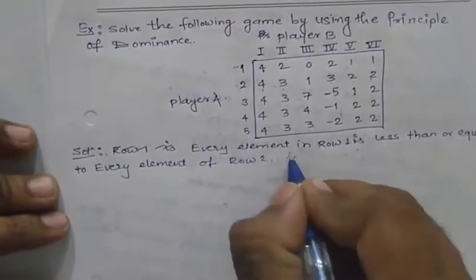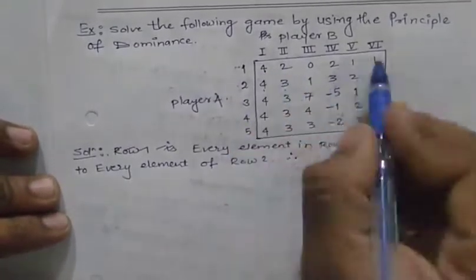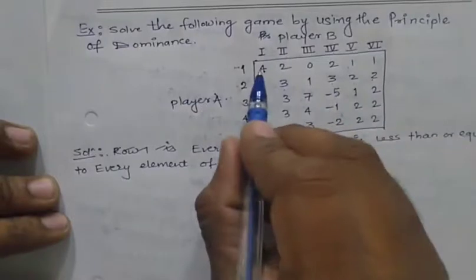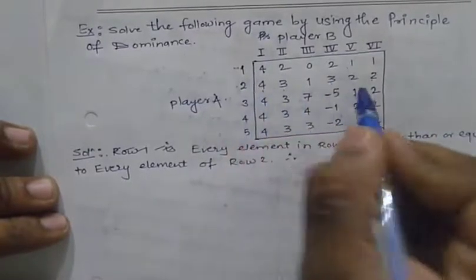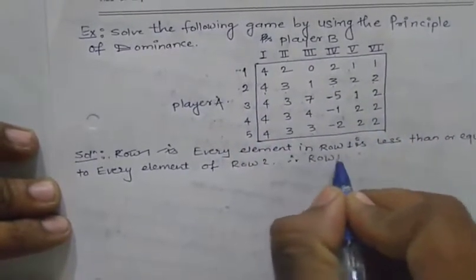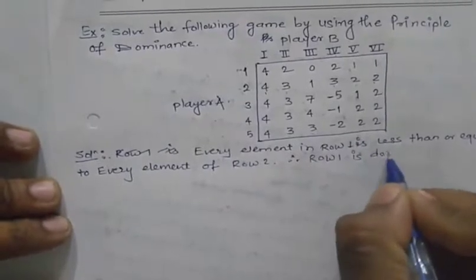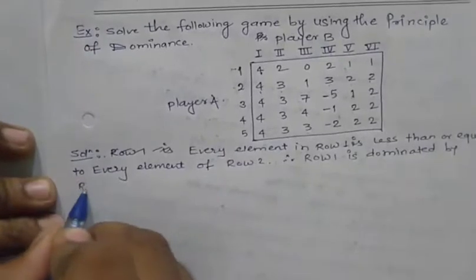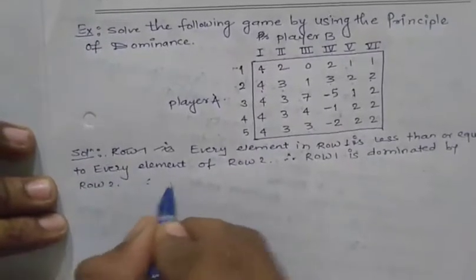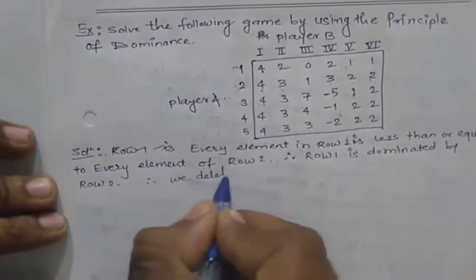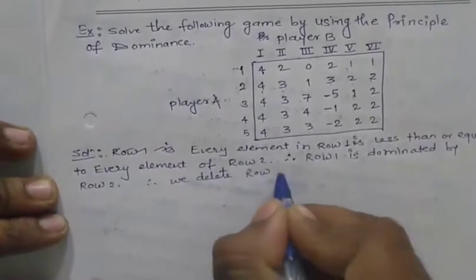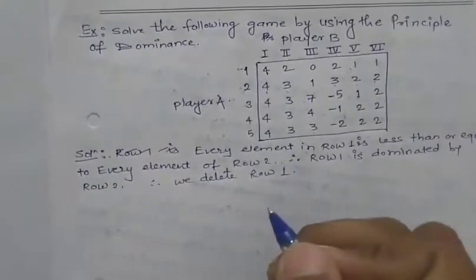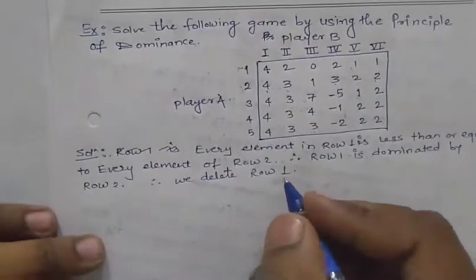Therefore the minimum row will be deleted. Means what? Row 1 is dominated by row 2. Therefore we delete row 1. Therefore the reduced payoff matrix becomes, what do we get? The reduced payoff matrix.